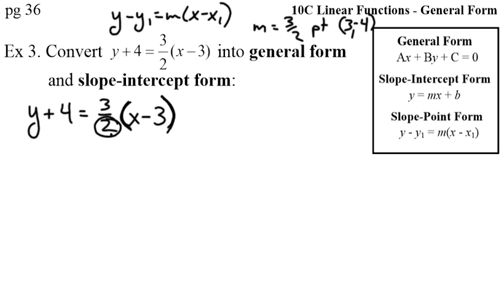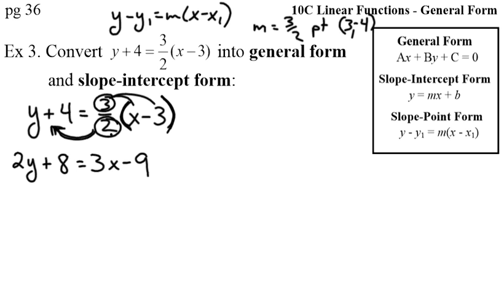So what did we do? Special case, 2 distributes on the other side, 3 distributes to what's beside it. So 2 distributing to y plus 4 becomes 2y plus 8 equal to 3x minus 9. So there's our first step. Now at this point, well, we see there's no fractions. For me, I think general form makes sense right now.